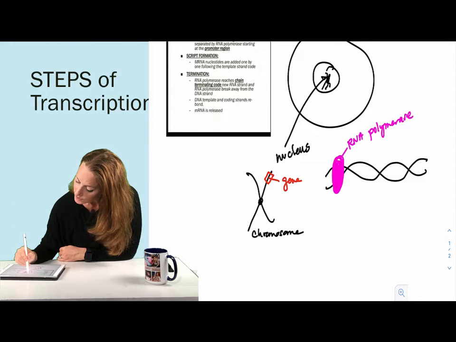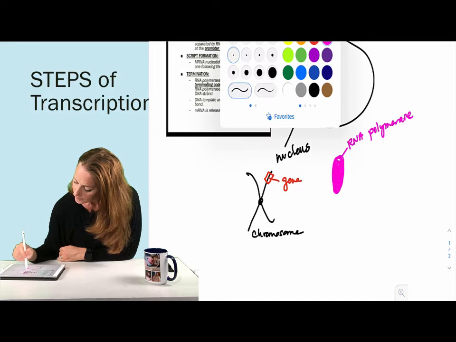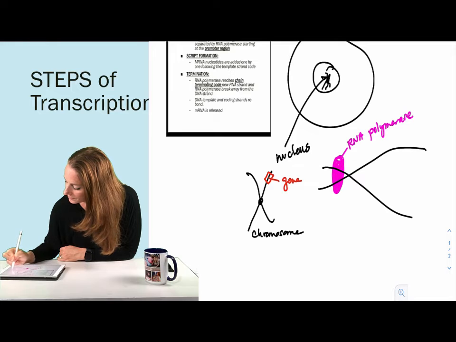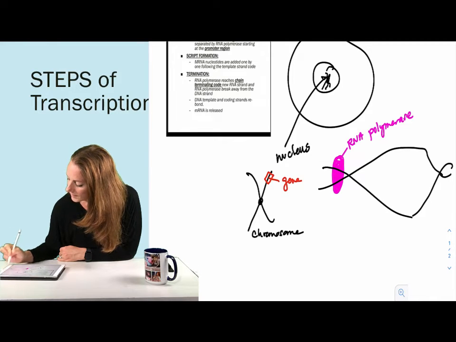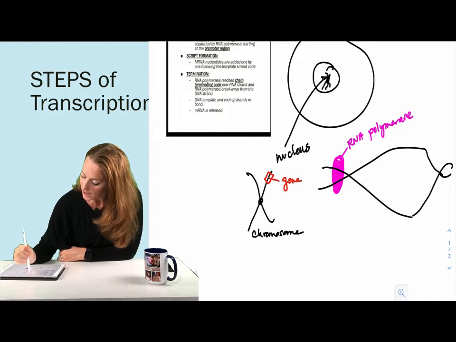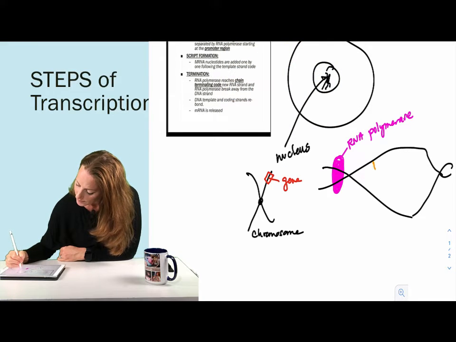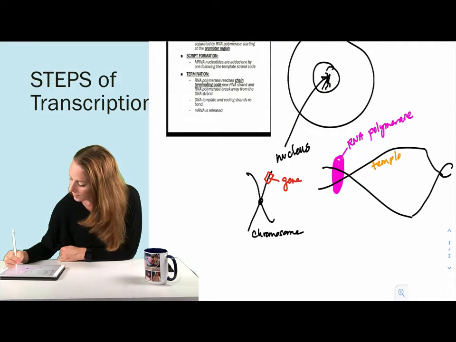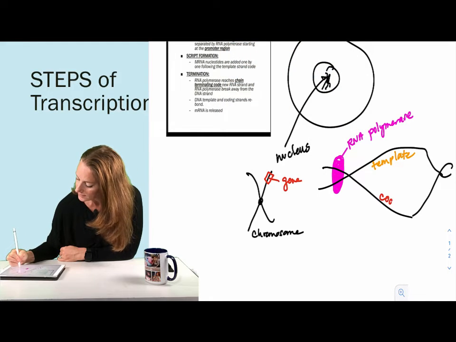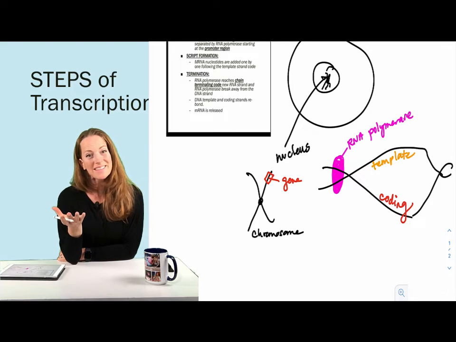So it's going to open up a segment of DNA. It'll still be wound before and after this segment of DNA. And what it's going to do then is expose the template and the coding strands. Which strand gets read?